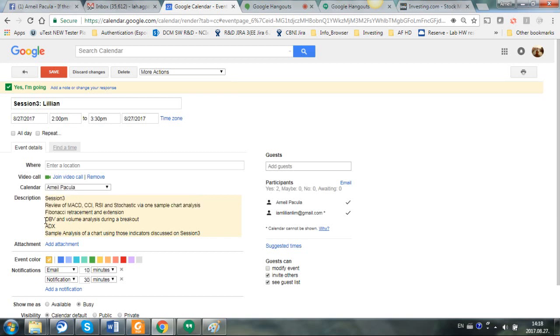So, itong describe ko sa iyo is actually about volume. So, volume analysis. But there is an indicator called on-balance volume. Then, matututunan mo ngayon kung paano gamitin to. And using that indicator together with the price action. So, movement of the stock price and the volume correlation.